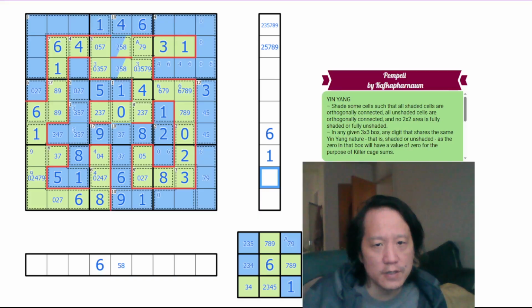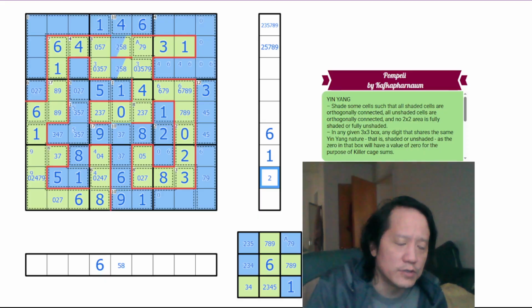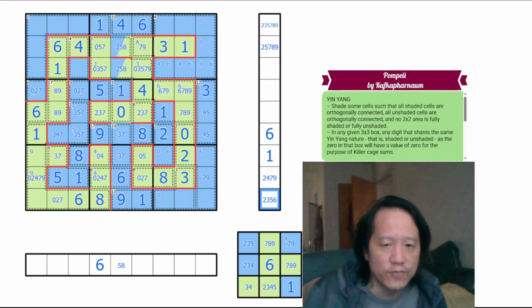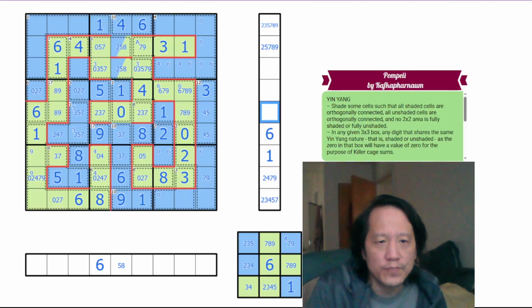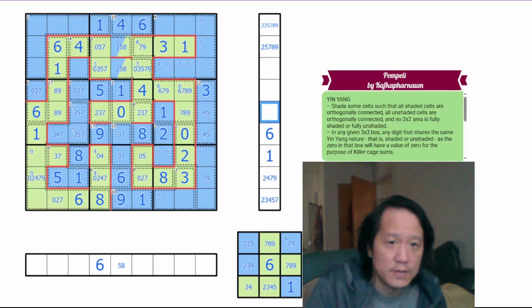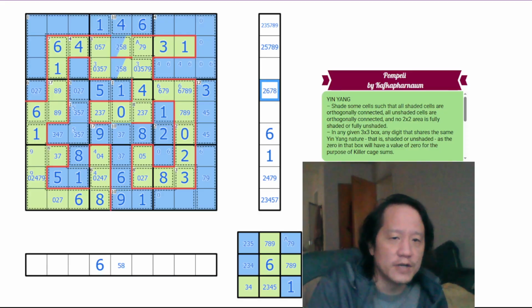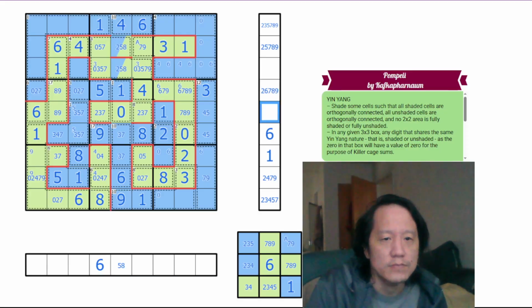We're missing a 1 in row 7. We're missing 2, no 1, no 3, 4, 7, 9. Those are the possibilities. And this is 2, 3, 4, 5, 7 here. This is 2, 6, 7, 8, 9. Cannot be 6 because of the 6 already here.